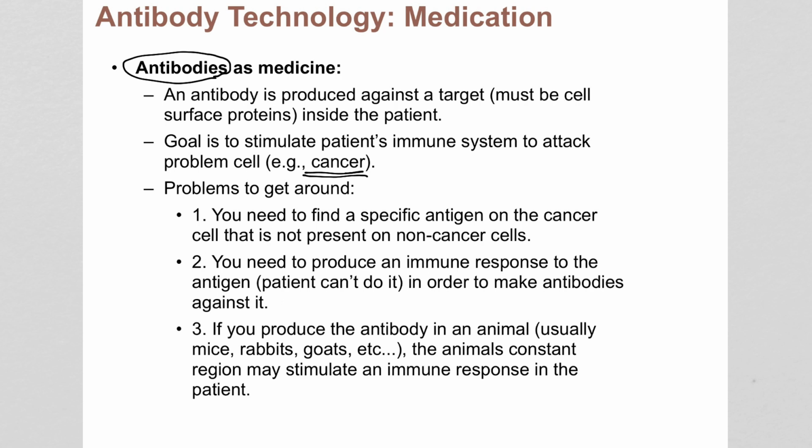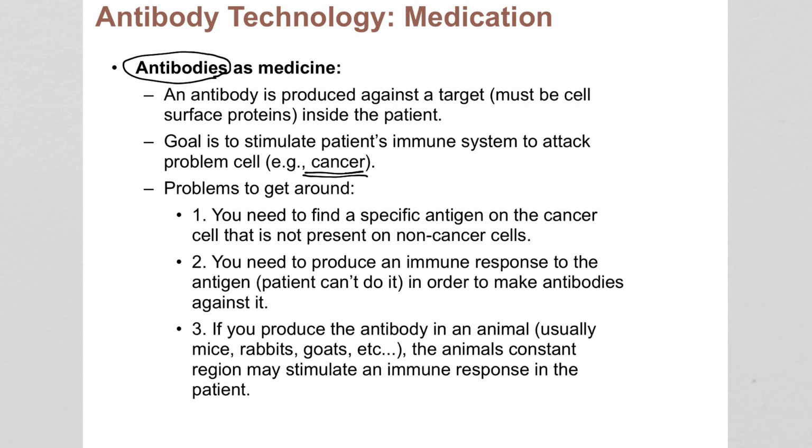And in both of those cases, the cancer or the Alzheimer's plaque, they're structures that were produced by the patient, right? They're not foreign like a bacteria or a virus. And so it's sometimes difficult for the immune system to recognize these things because they appear like part of the person. So if we want to do this, we need to overcome a couple problems.